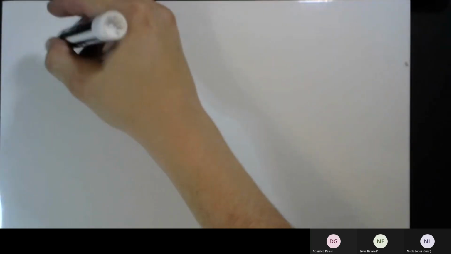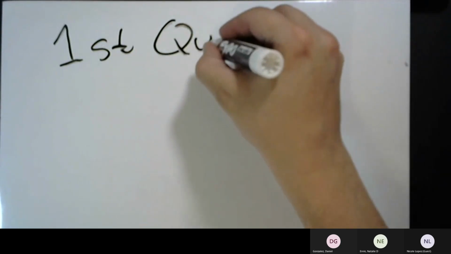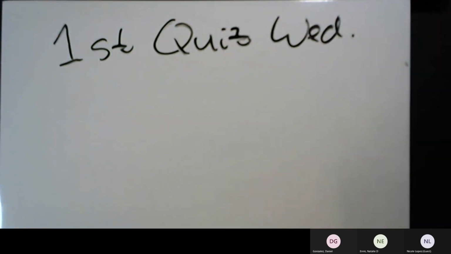Now, what is going to come up, though, is the first quiz, Wednesday. So what I'm going to do, I'll give you kind of a study guide for the quiz. I'm using the quizzes to help you review, mostly for the final exam.